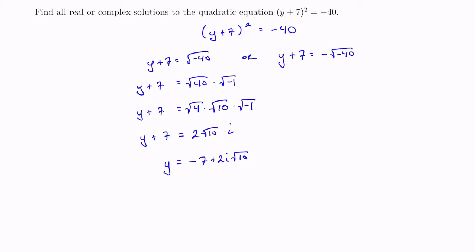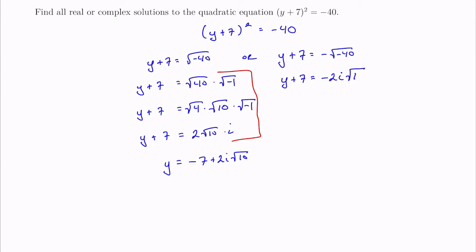Now to do similar work for the second solution that starts with y plus 7 equals negative root negative 40, a lot of the work is going to be very similar. So I'm going to take a shortcut on some of this work. I'm going to take all the work we did to simplify the square root of negative 40 into 2i root 10 as a given when I go to write my second solution. So my first step of work on the second solution will become y plus 7 equals negative 2i root 10.